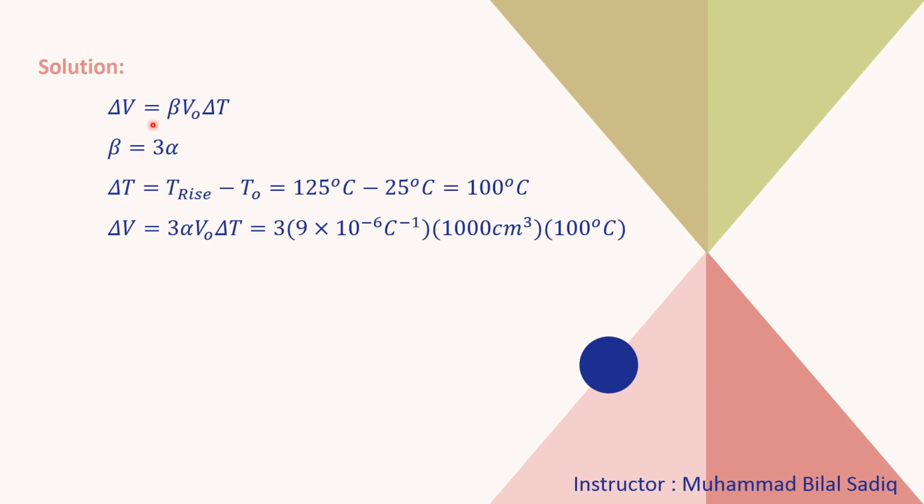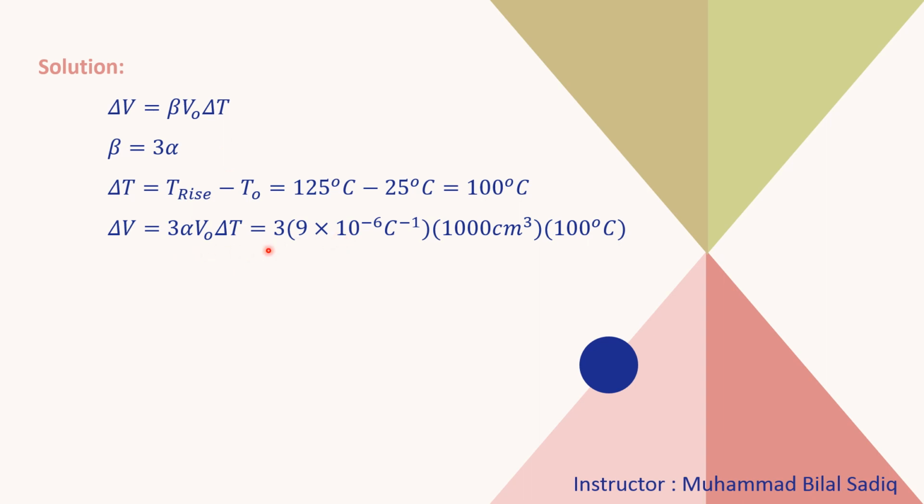As we know that delta V is equals to beta V naught delta T, and again the relation between beta and alpha is that beta is equals to 3 alpha. And delta T would be final temperature minus initial temperature, so T rise minus T naught, so delta T would be 100 in this case. So delta V is equals to beta, which is 3 alpha, V naught as it is, and delta T as it is.